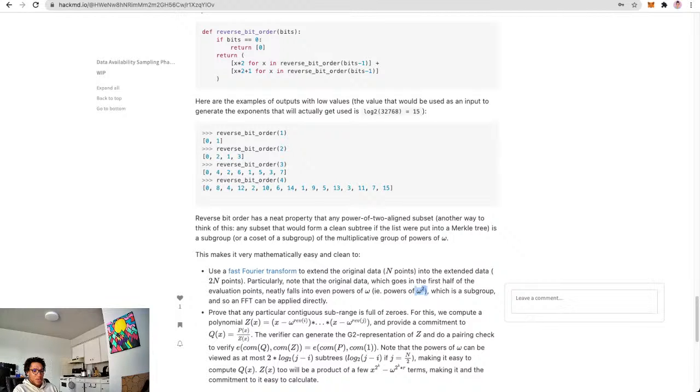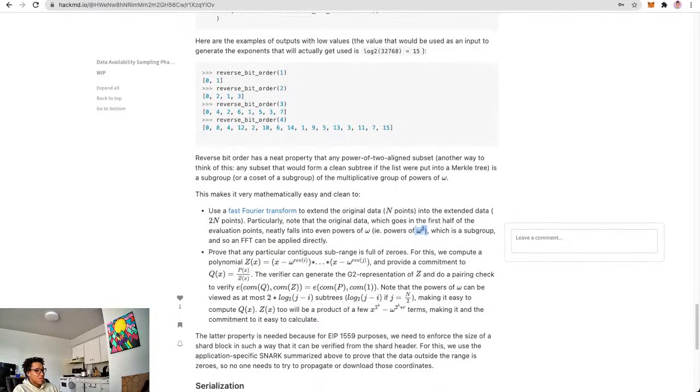But, anyways, I'm quite lost. I'm trying to get back to the reading. Prove that any particular continuous subrange is full of zeros. Okay?